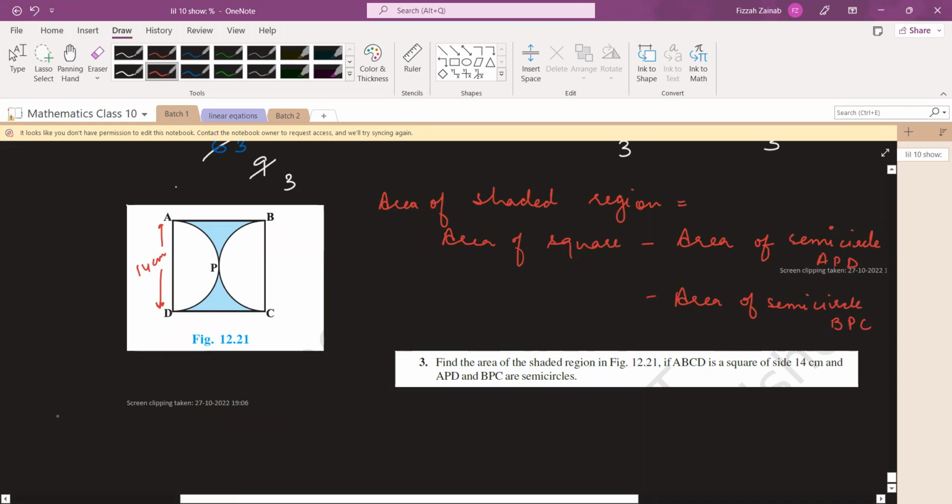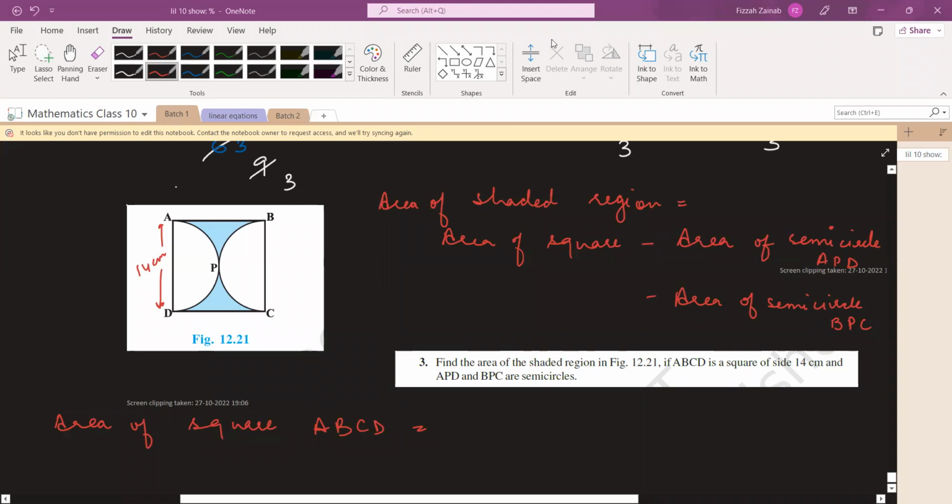So area of square ABCD. So what is the formula? Yes, Arshia. How do you find the area of the square?